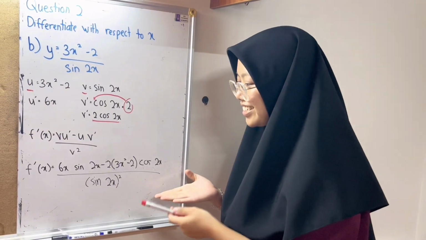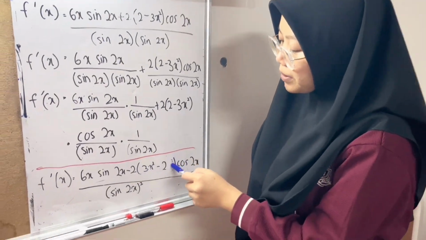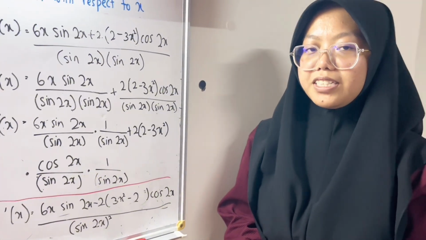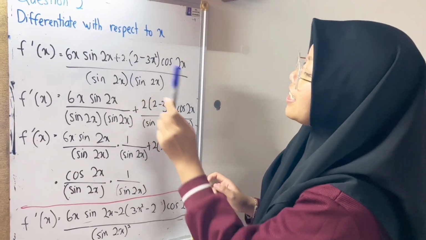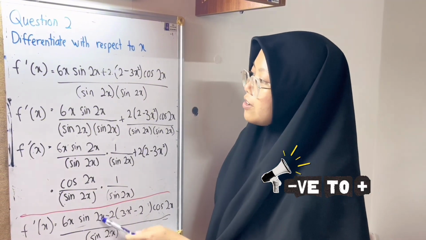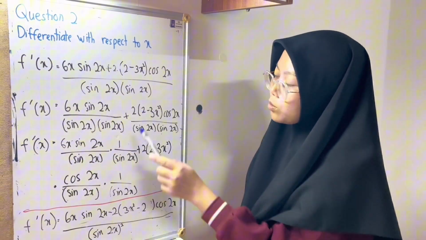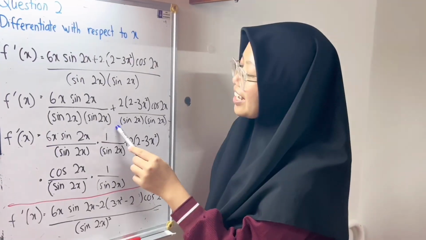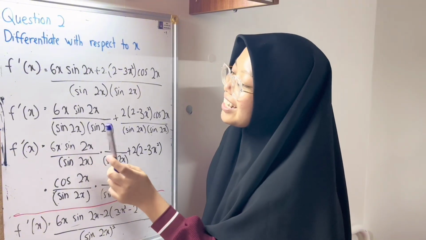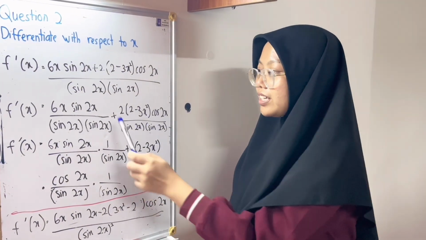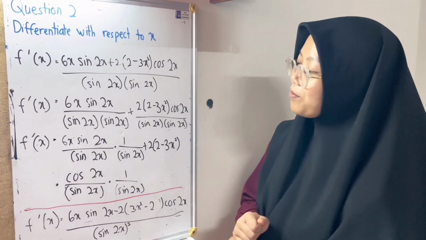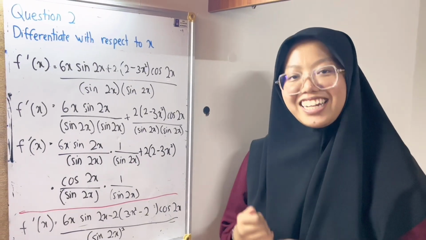So we got this. First, I change the number and factorize the sign from negative to positive, and I expand this to simplify it more easily. Next, I got 6x sin 2x over sin 2x and sin 2x because I expanded this. This I break up to make it easy when we cancel.